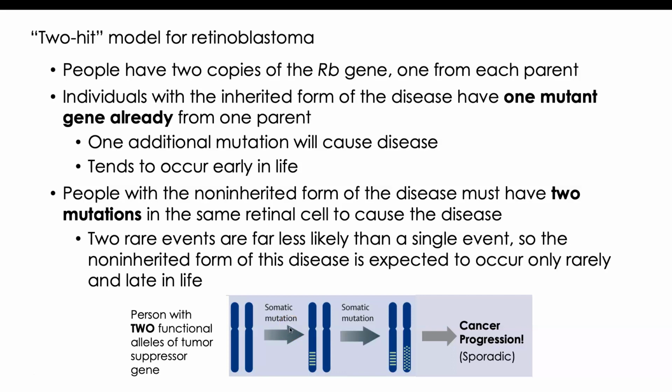It requires an incredible amount of UV damage, DNA damage to the cells in the eye, and you have to get one cell that has a broken copy of the gene on both chromosomes, and then that cell would divide and result in retinoblastoma. So two rare events are far less likely than a single event. So the non-inherited form of this disease occurs rarely and later.